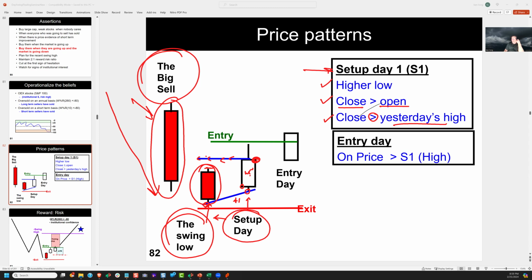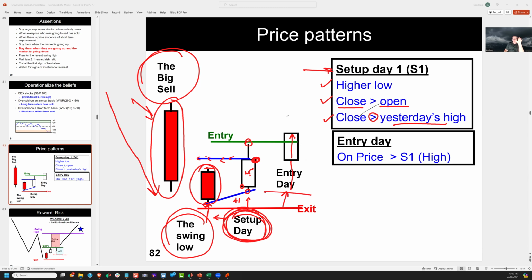So if I detected that today was a setup day, then tomorrow could be an entry day if I see price, while it's live, break higher than the setup day's high, and it has not made a new low.